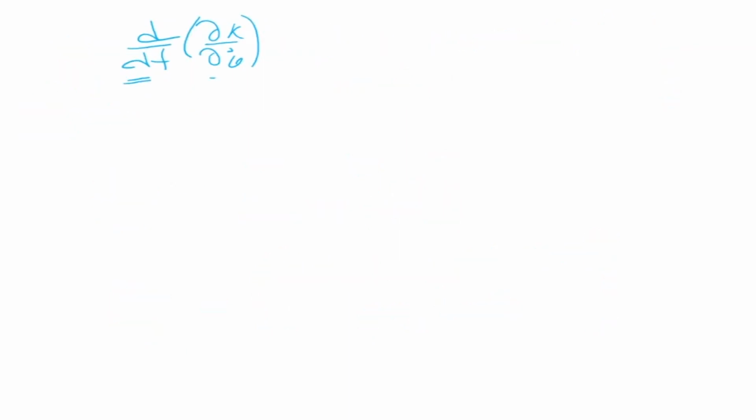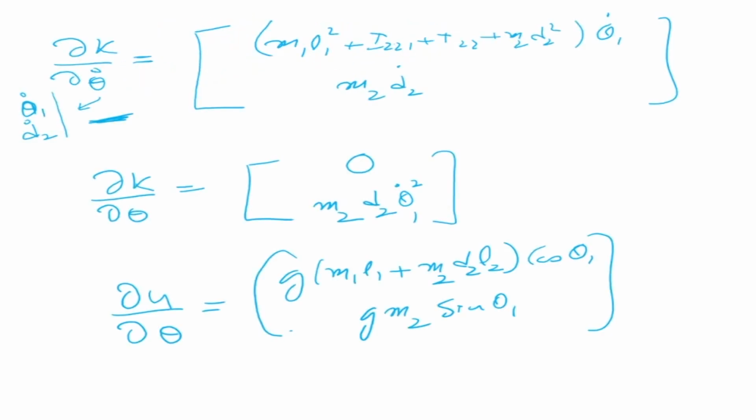So if you do the d dt of that and add the terms, what we do get is, so I put into this equation d dt of dk by d theta dot minus dk by d theta plus du by d theta. That was my equation, right? So I simply take the previous one.